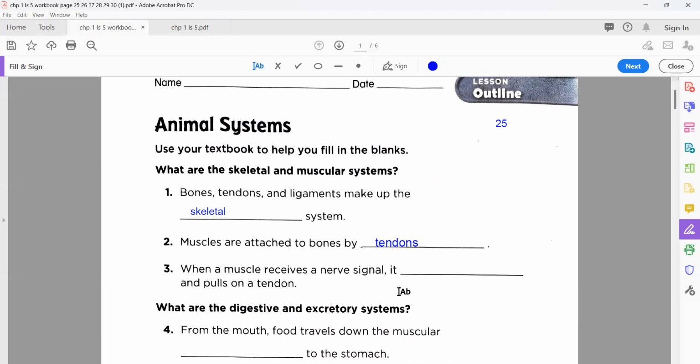Then you move your arms or legs. So here, the signals come, and after that it contracts and pulls on tendons.